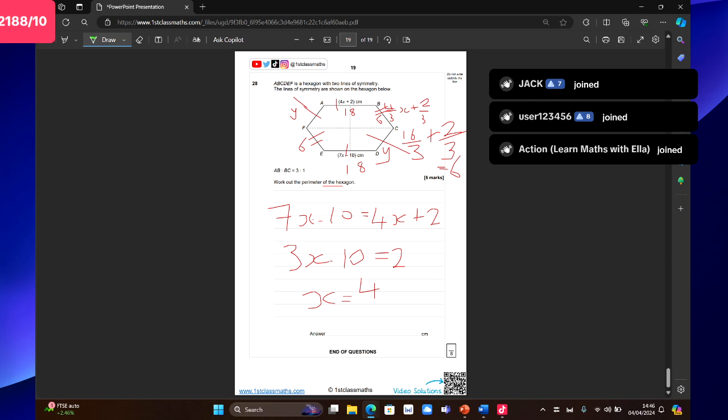Now my guess is, because we haven't been given any information about this, we will assume that they have the same lengths as AB and DE. Okay? So we will assume that. So let's just double check here.